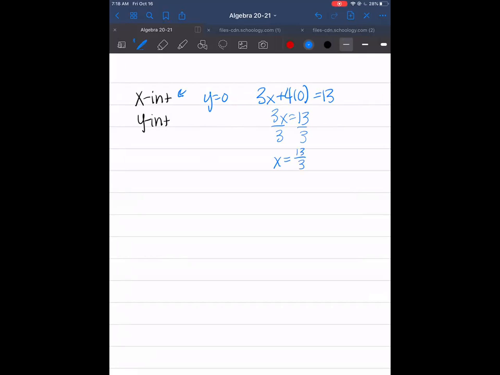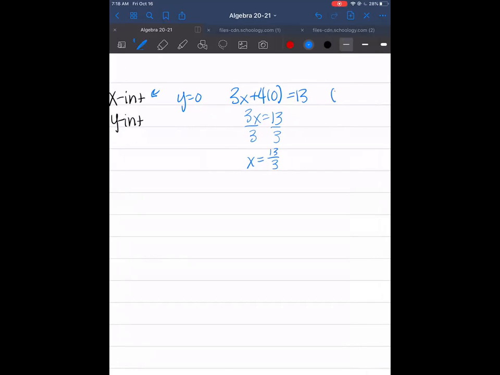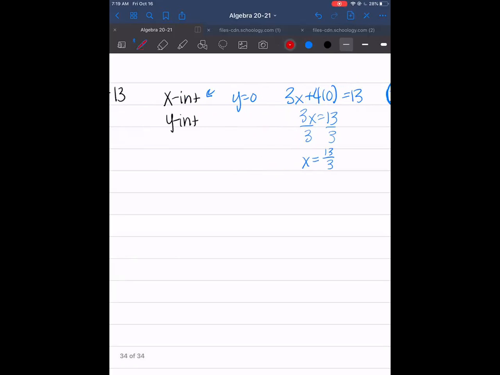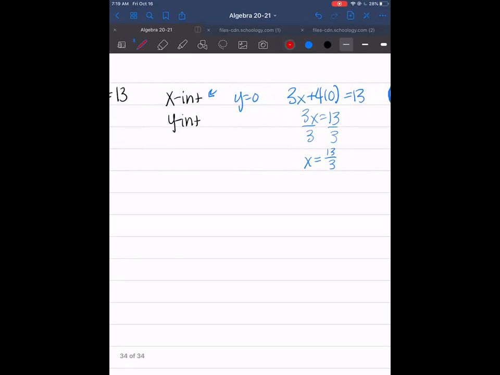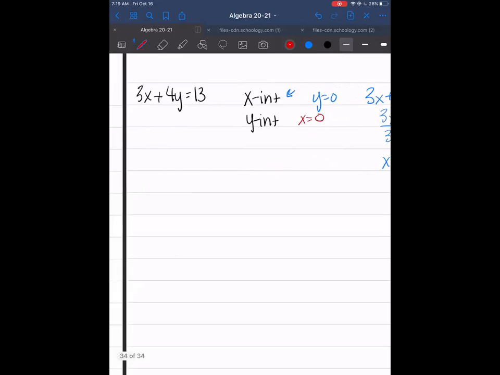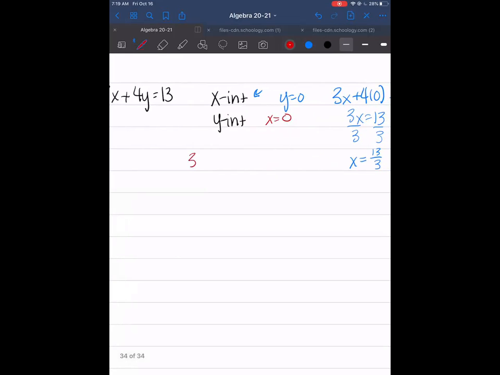So my point for the x-intercept would be 13 thirds, 0. You can also convert that into a decimal, but I am not going to take the time right now to do that. For our y-intercept, our x value equals 0. So I'm going to say 3 times 0 plus 4y equals 13. 3 times 0 is 0, so 4y equals 13.